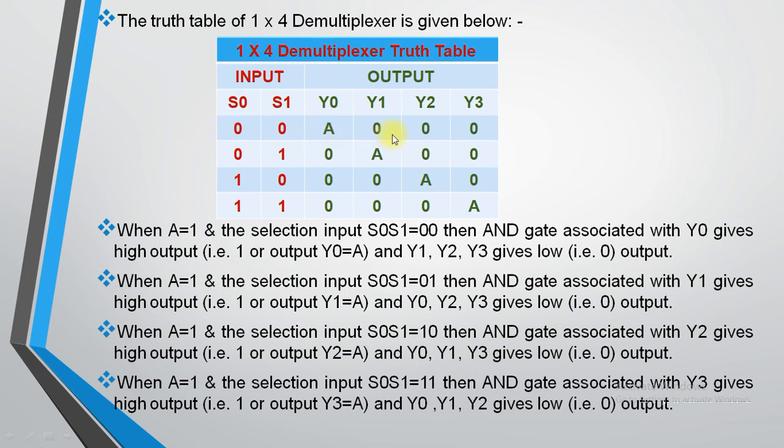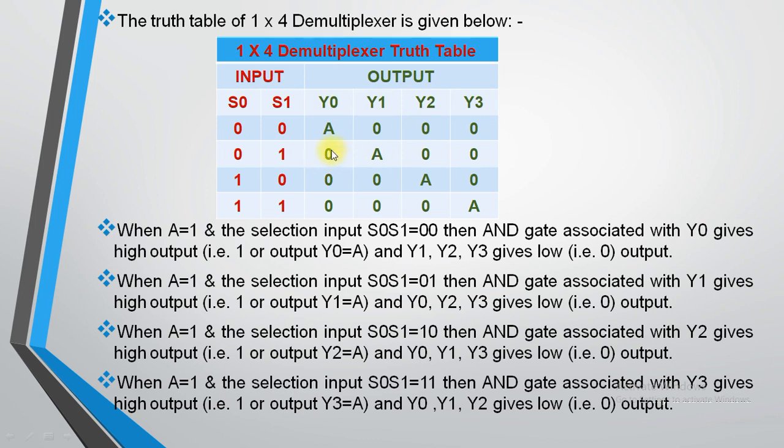What you need to do? You need to activate the first line and put 0 in the rest of the variables. Similarly, for the second condition, that is 0 and 1, for this particular combination, the Y1 line is activated. So the Y0, Y2 and Y3 output variables' value is low.